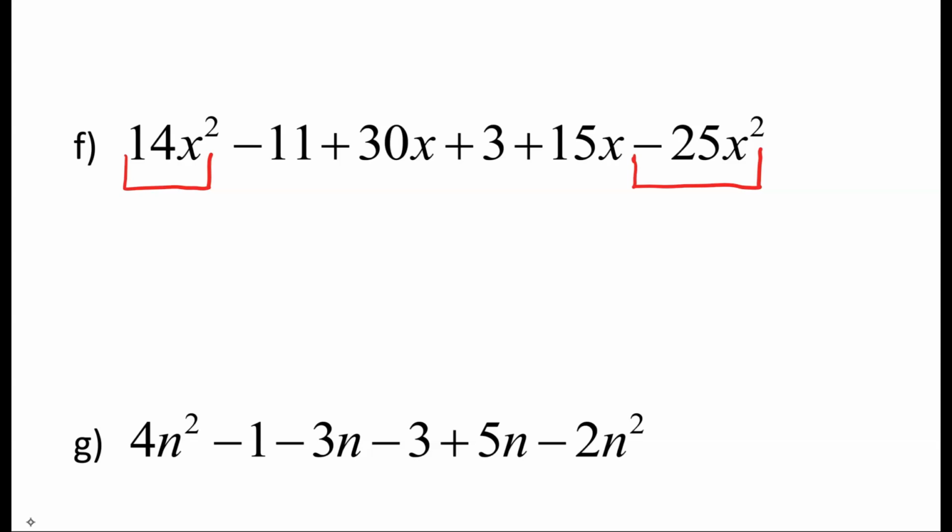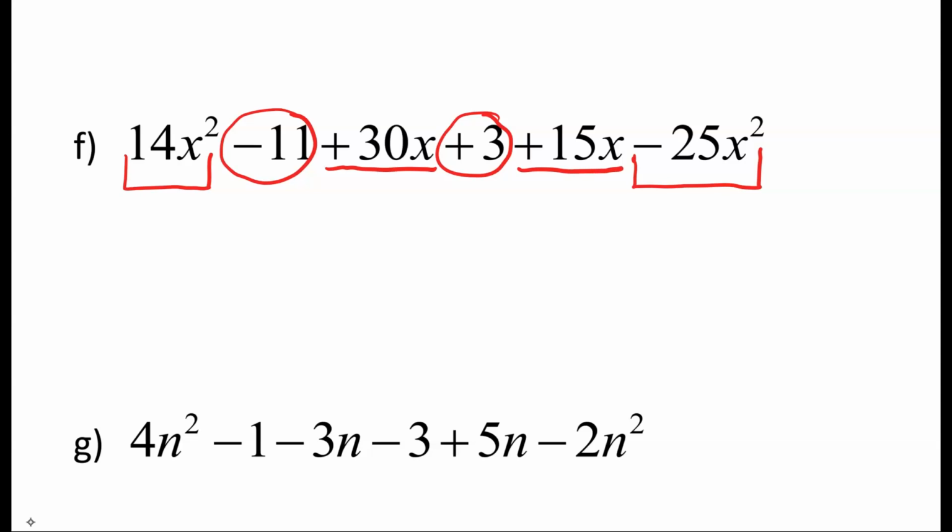So I'm just going to circle my negative 11. And then I also have a constant of plus 3. And that means that my last stuff that I have to deal with is the 30x, where the variable is just x with no exponent on it. And I'm going to underline the 30x and the 15x.